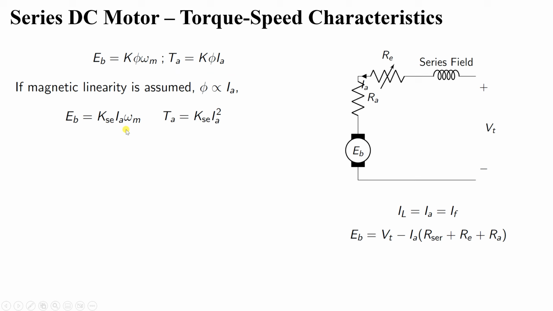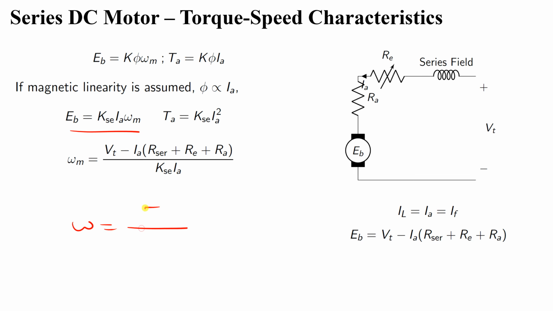Okay, what else? I'm going to write omega with respect to E back. So omega will be E back over K series I armature. And we know that E back itself from this equation is V terminal minus IA times R series plus RE plus RA.